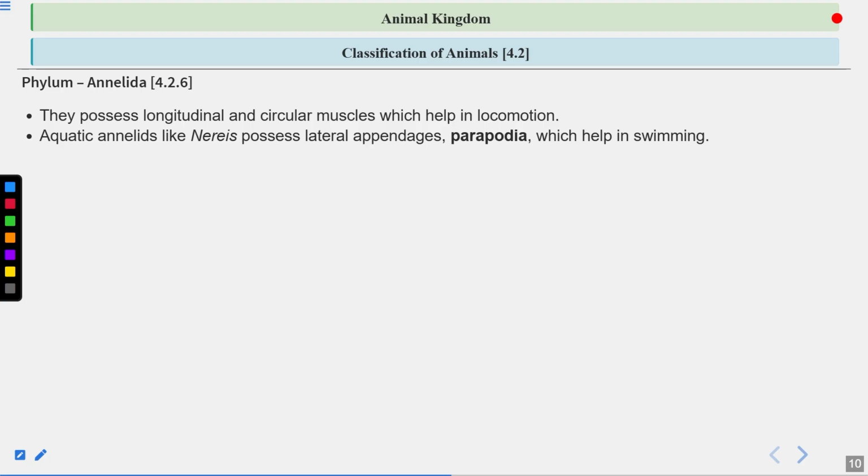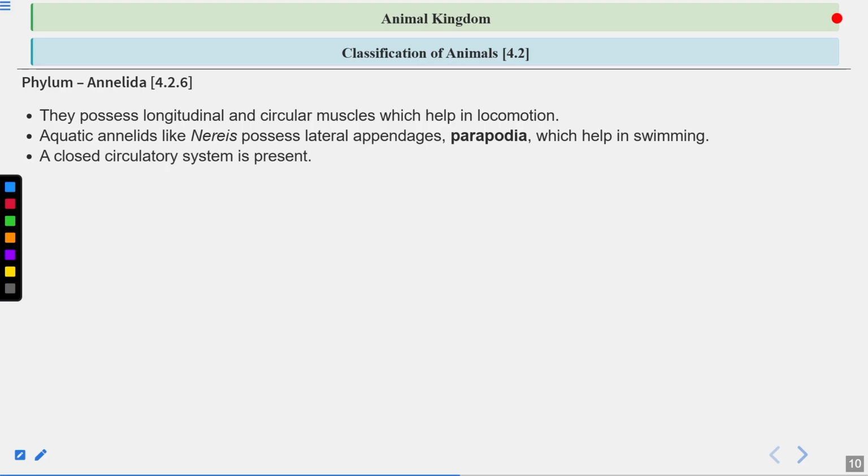So 3 layers of cells are there at the time of embryo development, and that is called triploblastic. Blastic means layers of cells, triplo means 3 layers of cells. So that is the meaning of triploblastic. So wherever these two terms come: diploblastic, 2 layers; triploblastic, 3 layers. Okay.